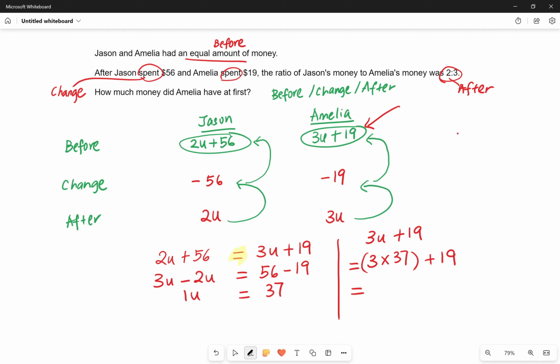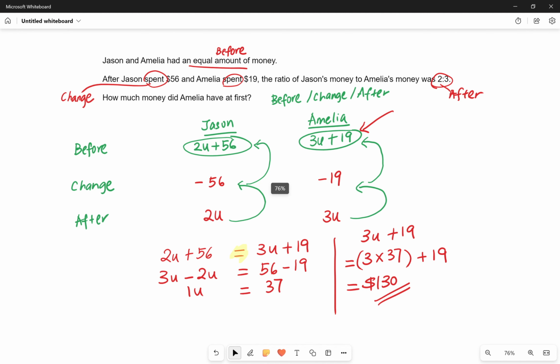This will similarly bring us to $130, which is the same answer that we derived from the model method earlier. So, one question, 2 different types of approaches.